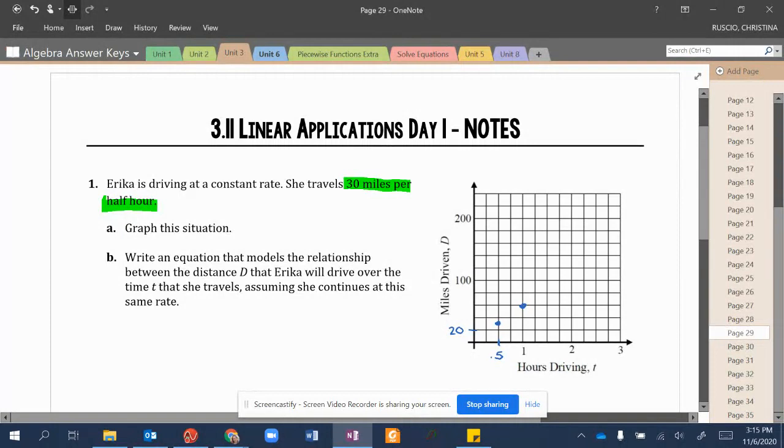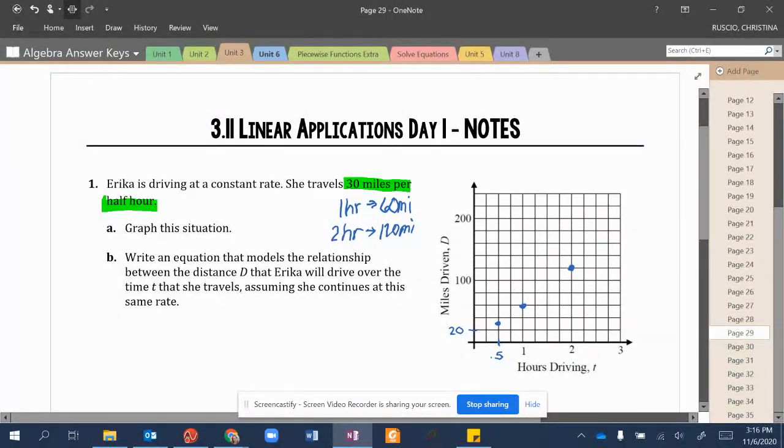Maybe we want to graph a few more points. So if 1 hour is the same as 60 miles, that would mean that 2 hours would be double that at 120 miles. So let's plot that point. So 2 hours would be 120 miles.